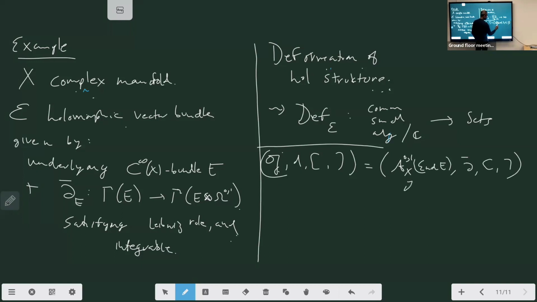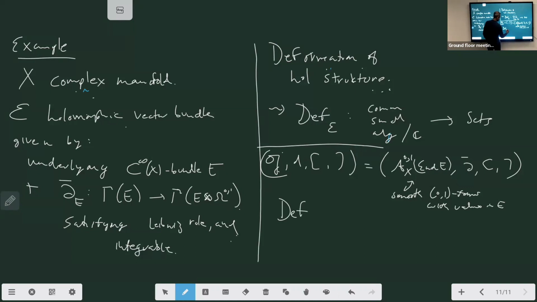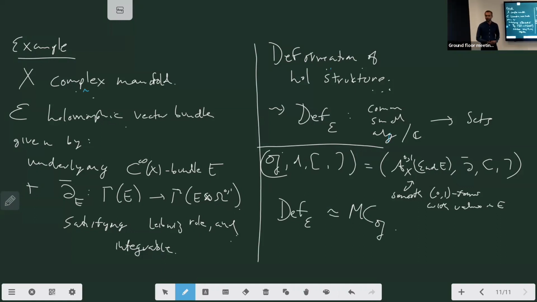This is smooth 0-1 forms with values in E. And it turns out that def E is MC of G. So you can say you've solved this formal moduli problem. You've found a way to describe deformations of your vector bundle.